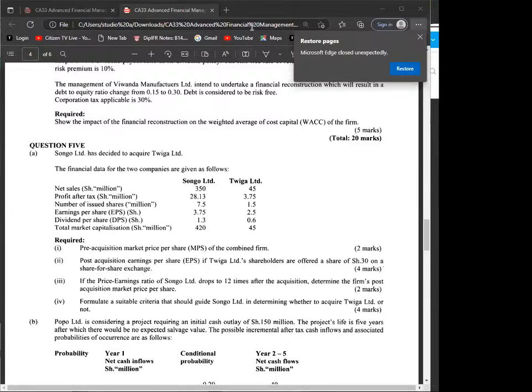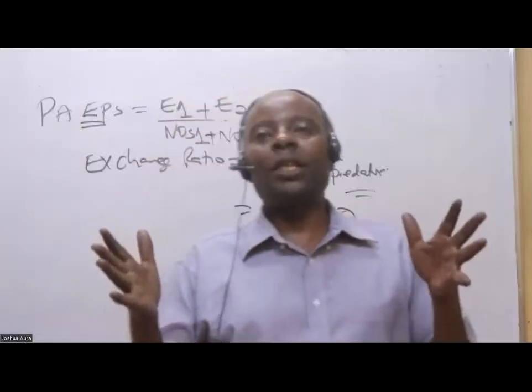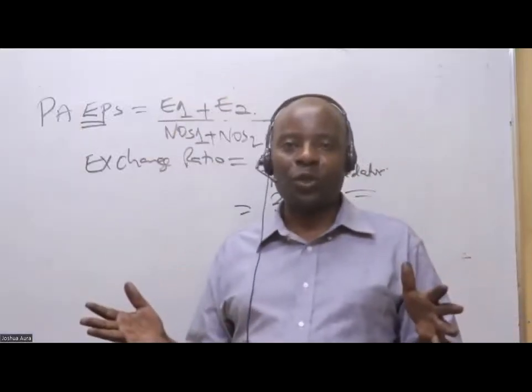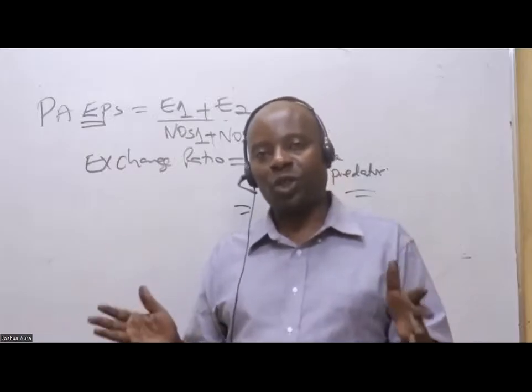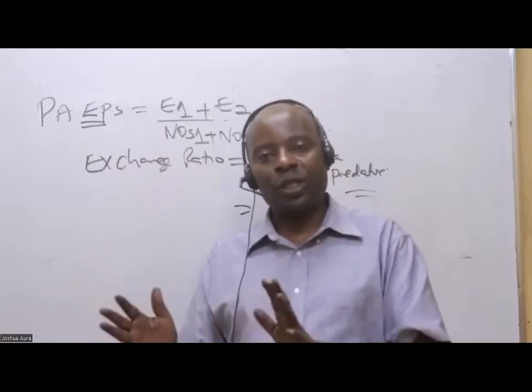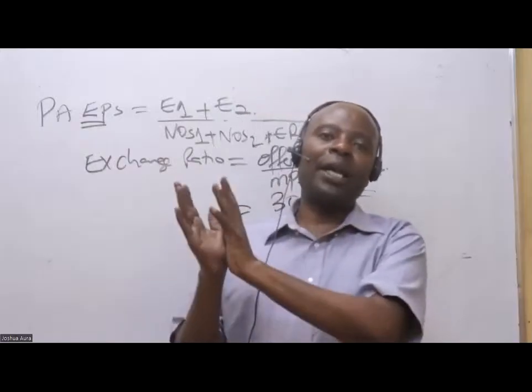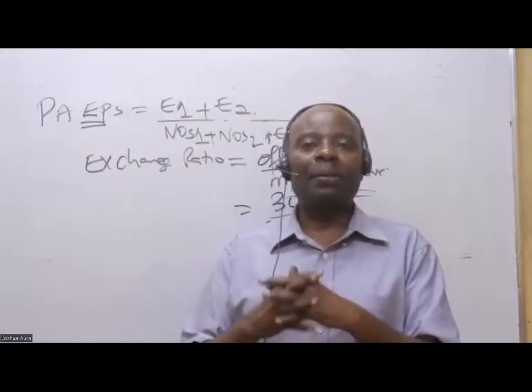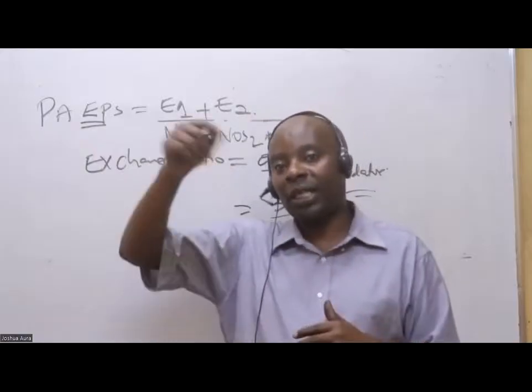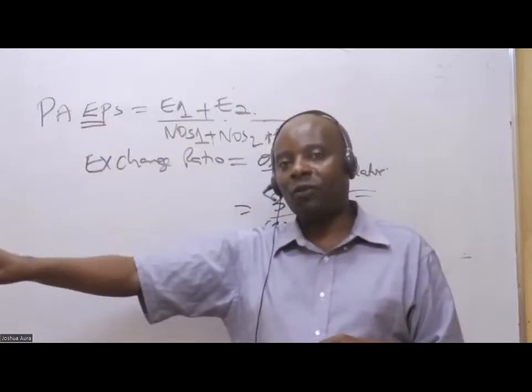When the offer price is given, we normally calculate the normal exchange ratio. Remember, we have two types of exchange ratios: the normal exchange ratio, and the maximum exchange ratio, the MER. The maximum exchange ratio takes EPS of the target over EPS of the predator.